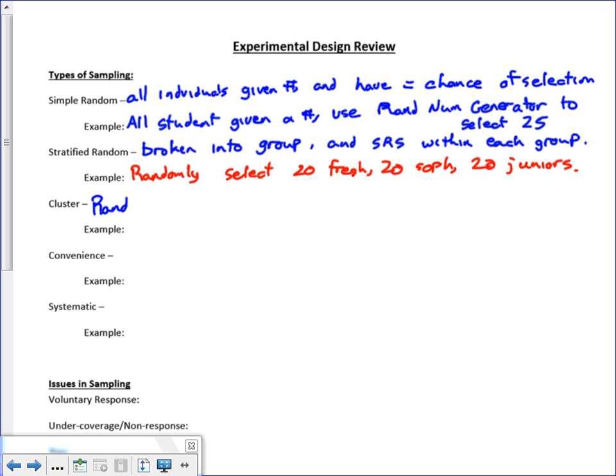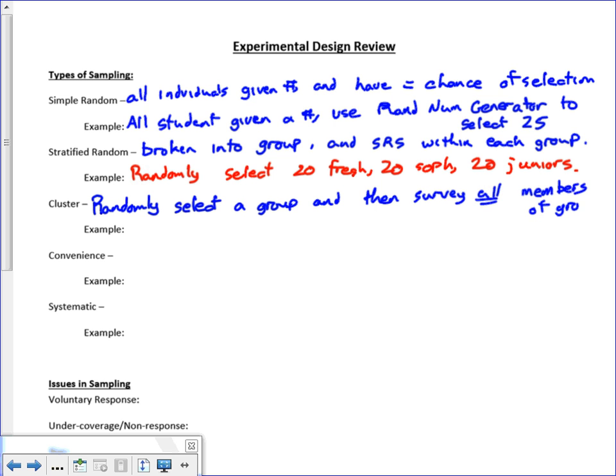A cluster sample, the one that most people kind of forget about, here you're going to randomly select a group. And then survey, observe, do the experiment. We'll just go with survey right here, but all members of that group.